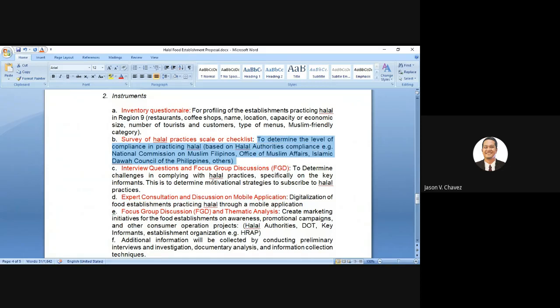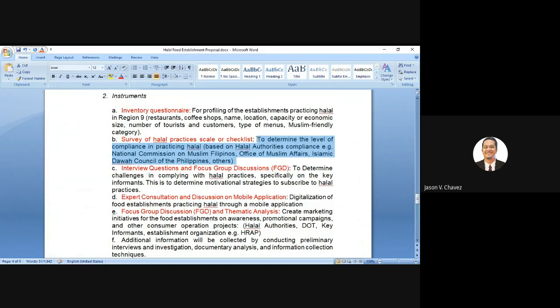Of course, there might be some questions that will have the same instrument. Then it's okay. For example, the survey of halal practices scale or checklist. If you're using this instrument for two of your objectives, then it's okay, to determine the level of compliance and to determine the level of practices.